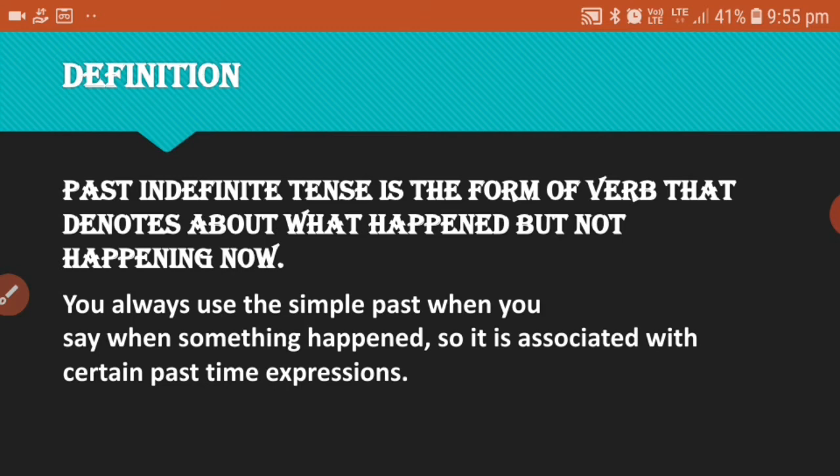It means past indefinite tense is the form of verb which tells us about a past action, what happened before now, and there is no trace of that action. It means that action is now part of history.